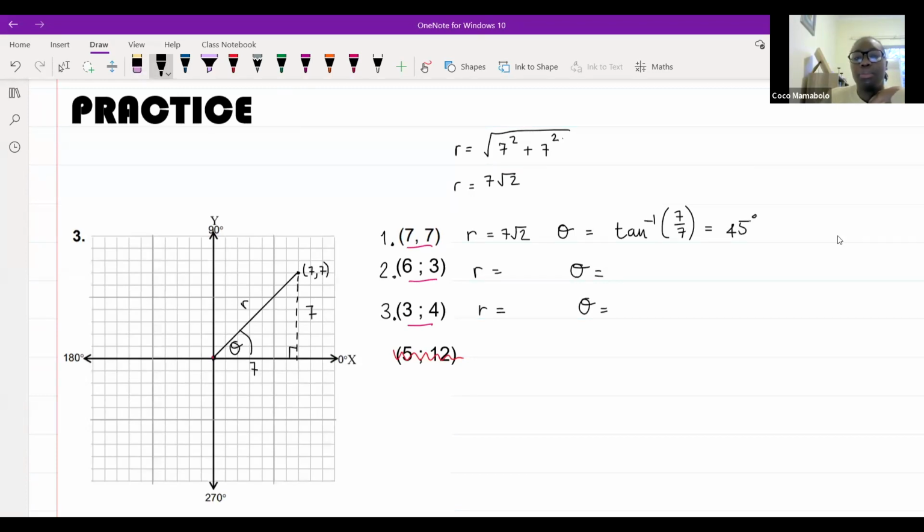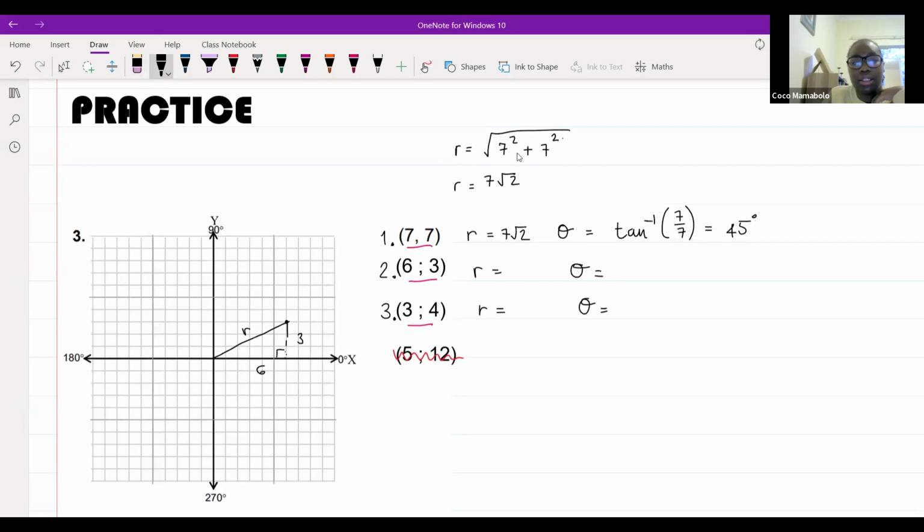Now we're going to do the same over here for number 2. Again, if I put this on the Cartesian plane, everything is going to shift around a little bit. I'm going to move 6 in the X direction and 3 in the Y direction: 3 units this way, 6 units that way, and I'm going to look for that distance there.